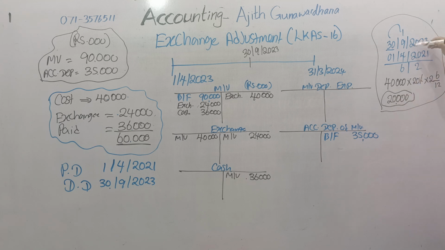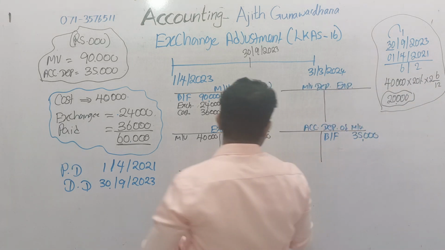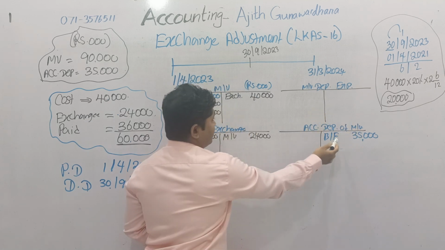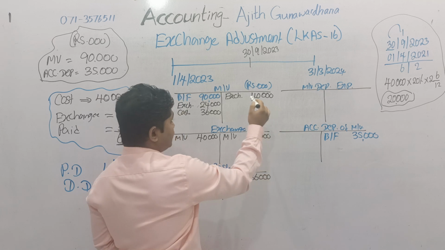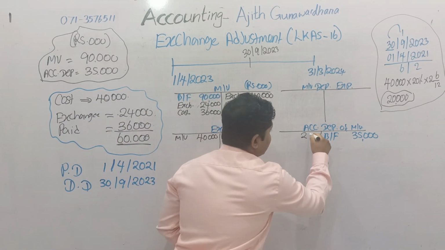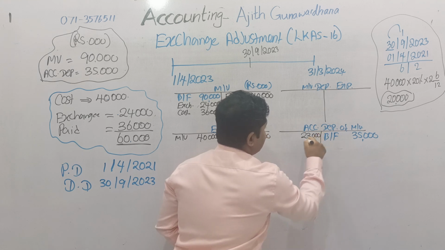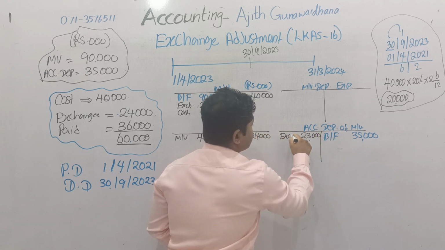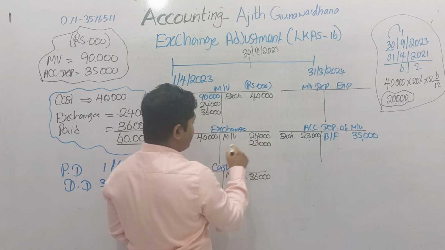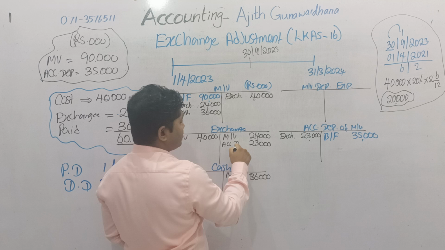Very important. First, recognize how many years were used, based on cost value, 20% into 2 years and 6 months. That value, the total depreciation, is already included in the accumulated depreciation account. It should be removed from accumulated depreciation to the exchange account. The value equals 20,000. Therefore, accumulated depreciation account debit as exchange, and exchange account credit as accumulated depreciation.